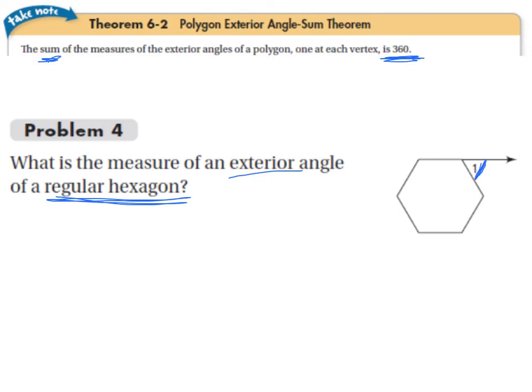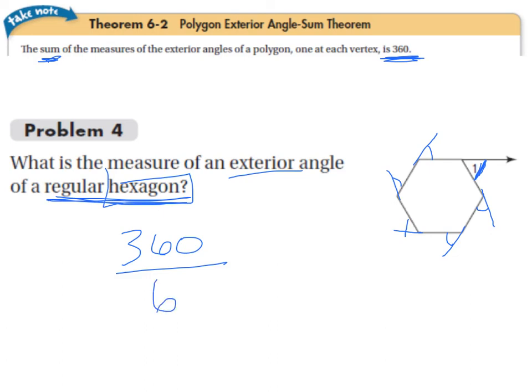If this angle is the same as this, same as this, same as this, that means all of these angles that I created equal 360, and there are 6 sides because it's a hexagon. So I can do 360, my total of the exterior angles, divided by how many angles I actually have. In a hexagon, I have 6 angles. So each of those angles that I drew would be equal to 60 degrees, which is also equal to the measure of angle 1.